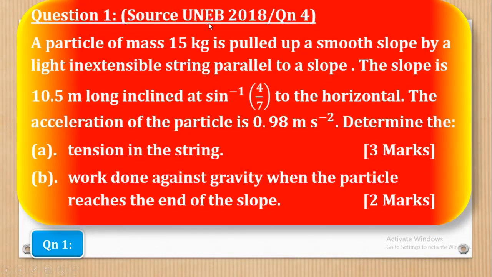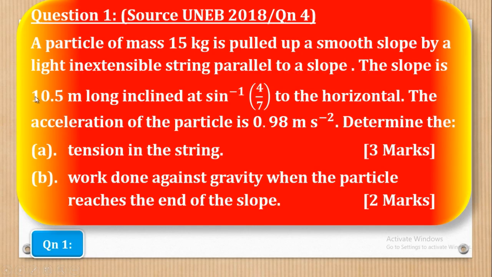So we shall start with question 1, and question 1 came from UNEB 2018 paper 2 question 4, and it says: a particle of mass 15 kilograms is pulled up a smooth slope by a light inextensible string parallel to the slope.